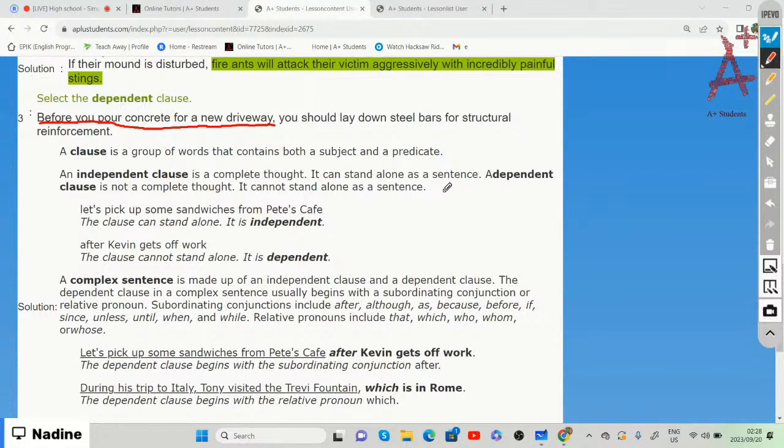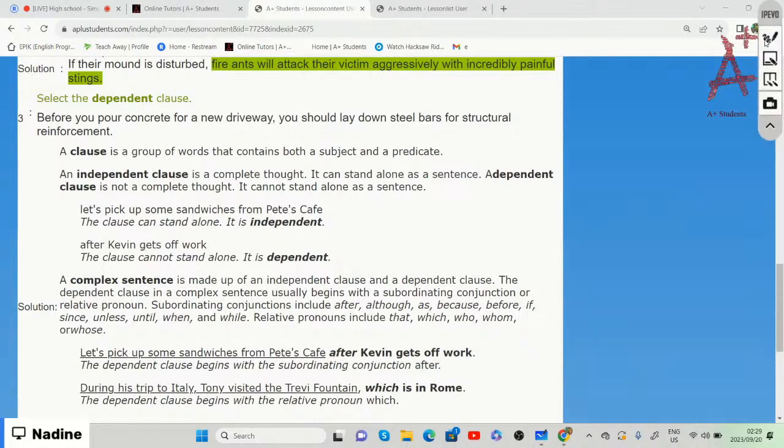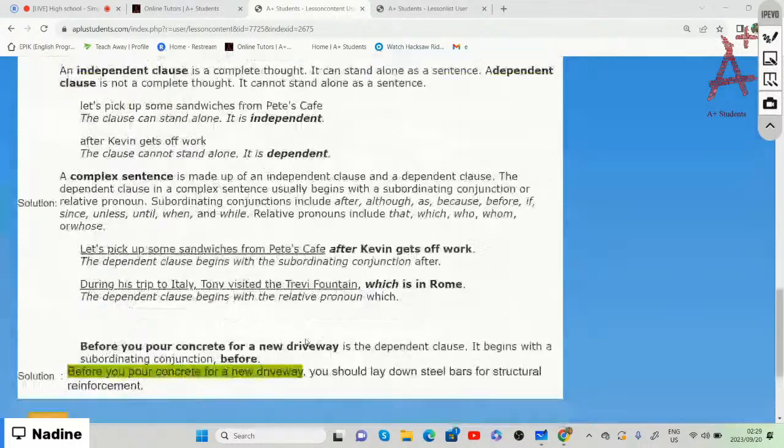And like we said, a dependent clause cannot stand on its own. The dependent clause actually needs the independent clause. All right. And that is correct.